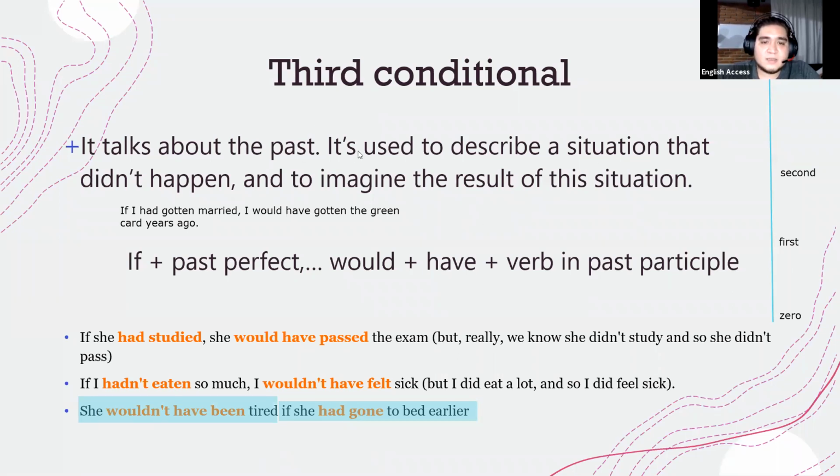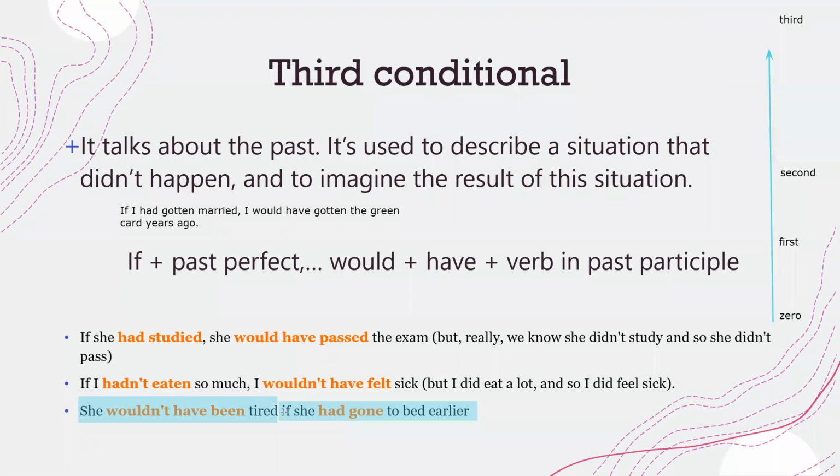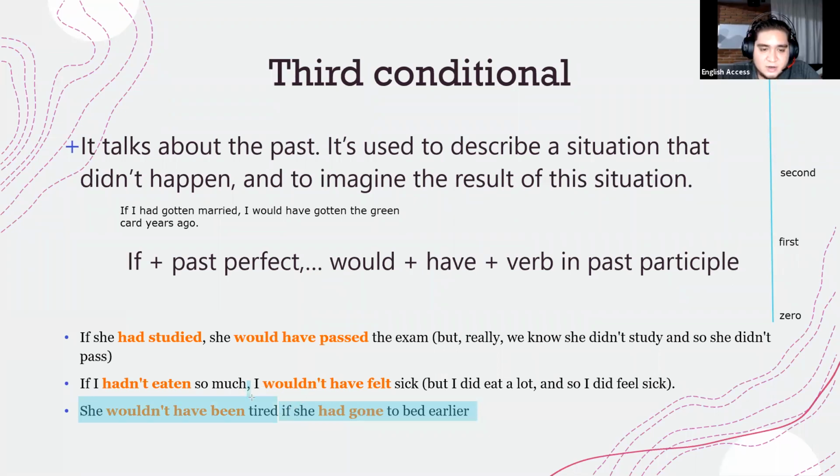And again, notice how if works as a comma in this case. We have a comma here again. Remember to always use a comma if you are writing the third conditional or any conditional, okay? If you're using this order, if clause and then the consequence, then we need a comma. And if you write first the consequence, you only need the if. Okay, you do not need a comma here.